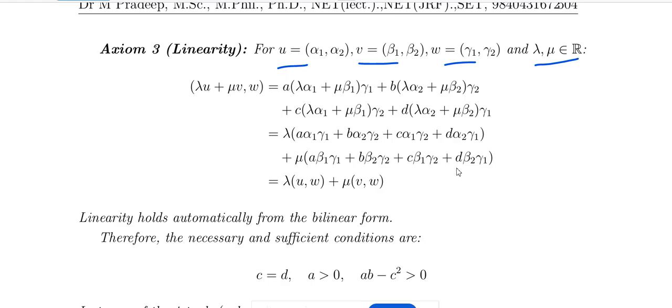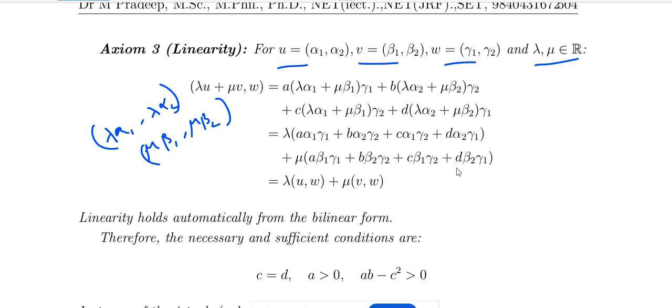So lambda u is (lambda alpha 1, lambda alpha 2) and mu v is (mu beta 1, mu beta 2).